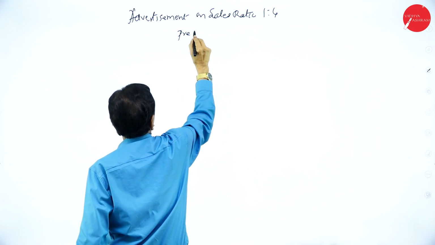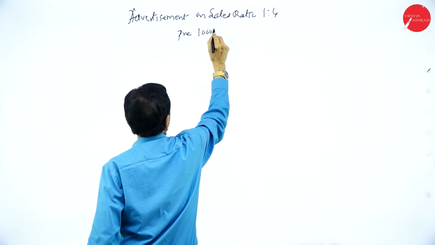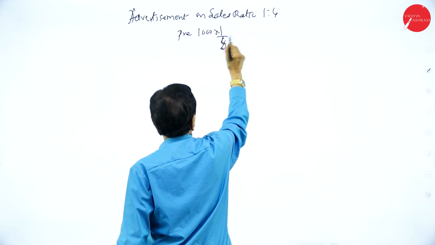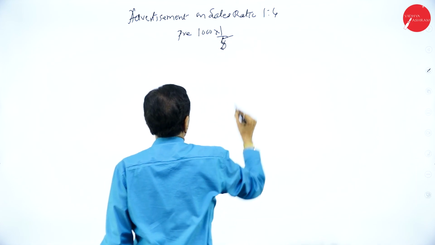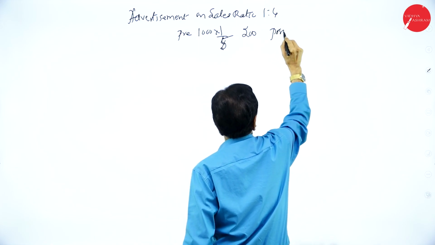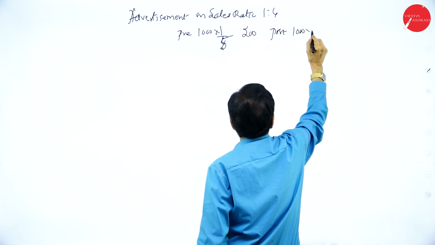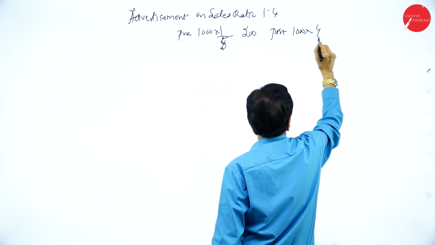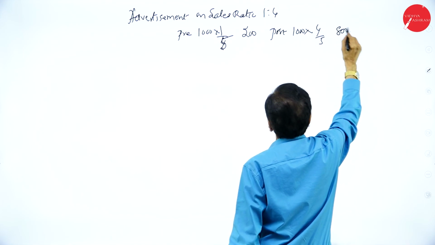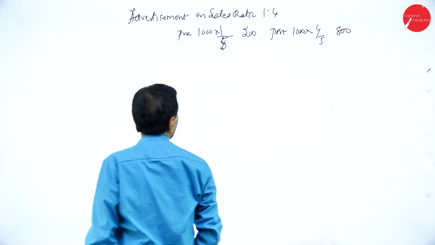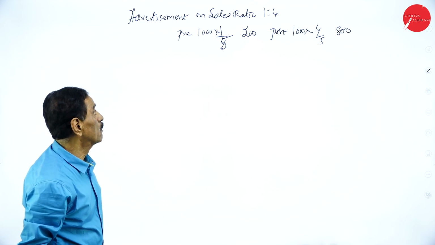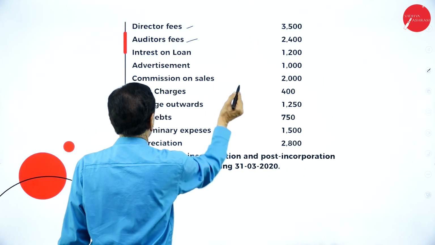Pre: 1,000 into 1 by 5, 200. Post: 1,000 into 4 by 5, 800. 1 by 5 is 200, 800. Advertisement based on sales ratio. Now, advertisement over.